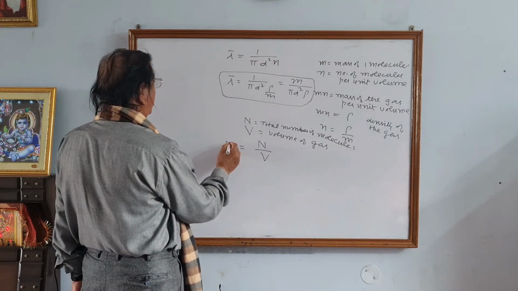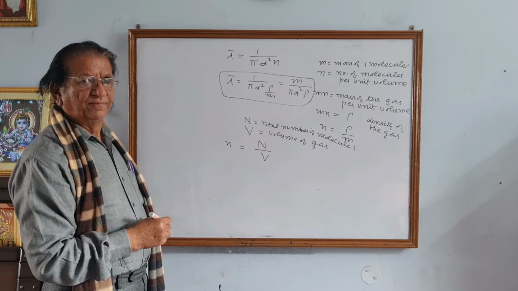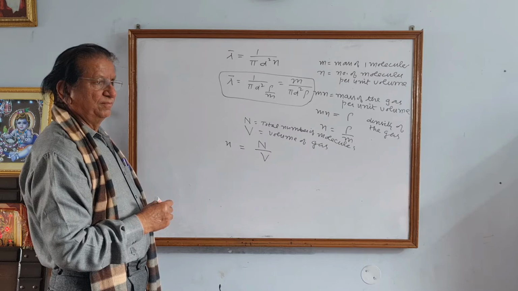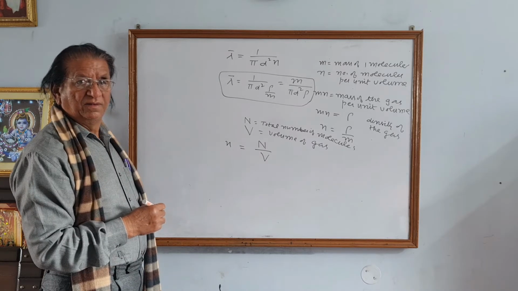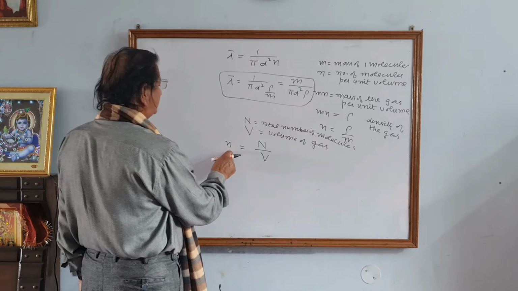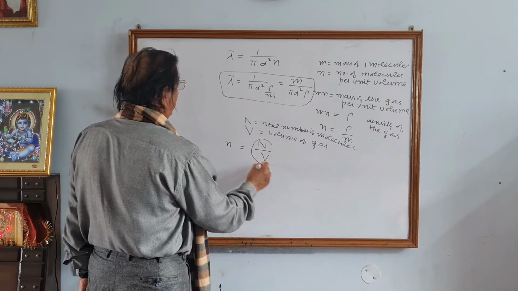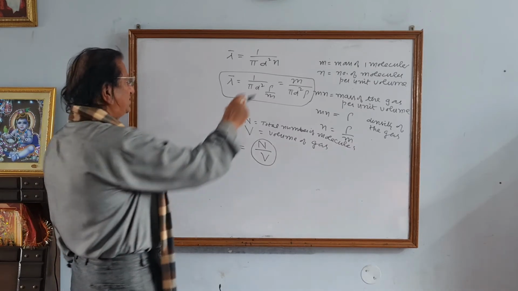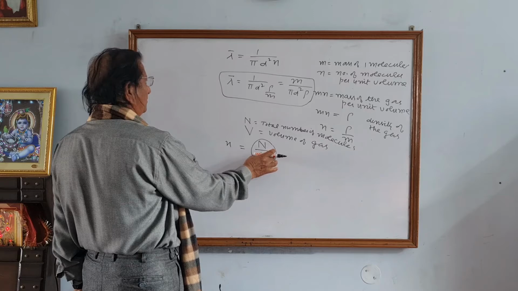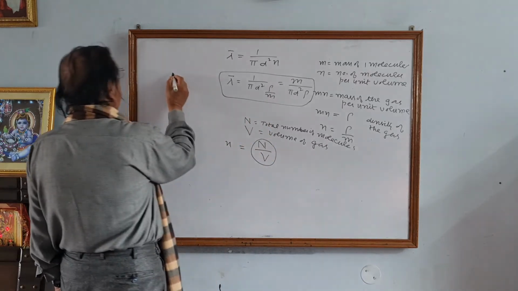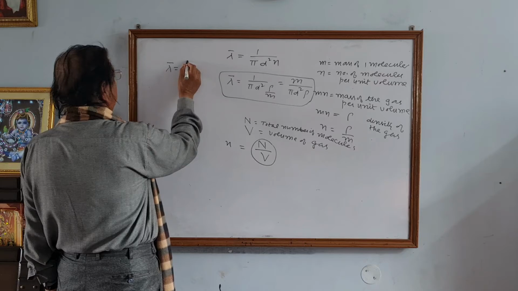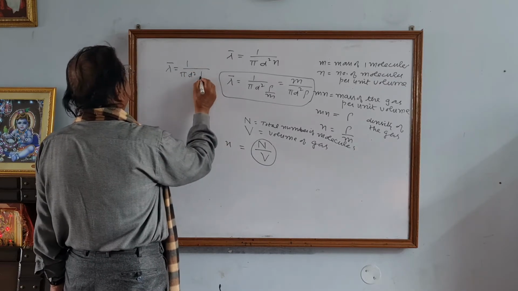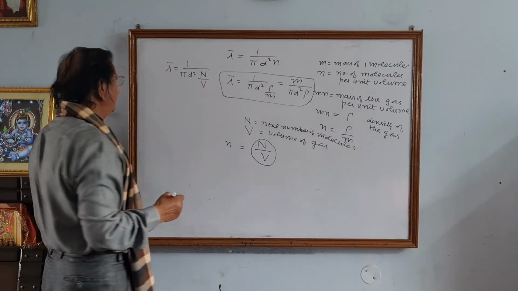This will give you the number of molecules per unit volume, small n. So you can replace this small n by N by V. So you will get the mean free path lambda as 1 over pi d square, and that is total number of molecules upon total volume.